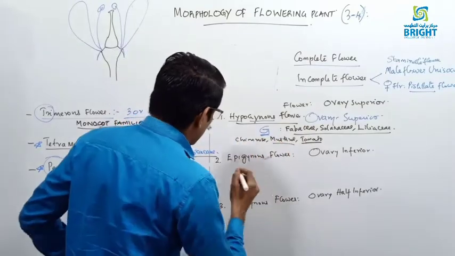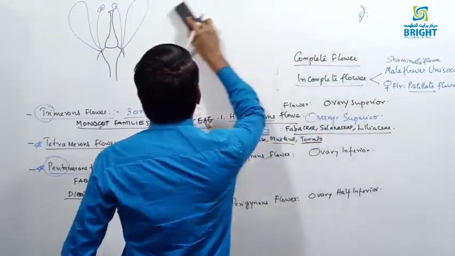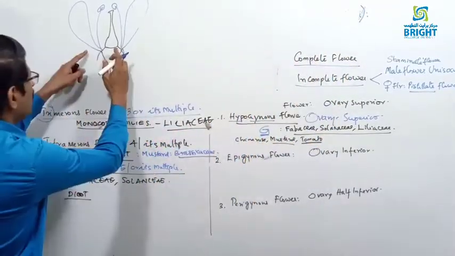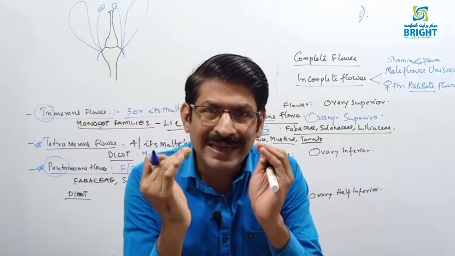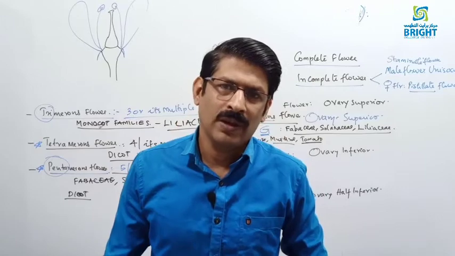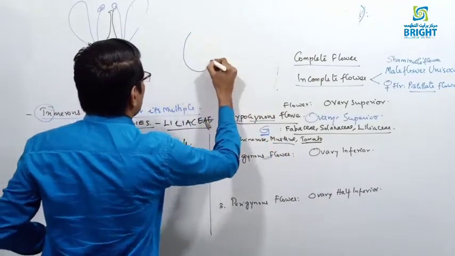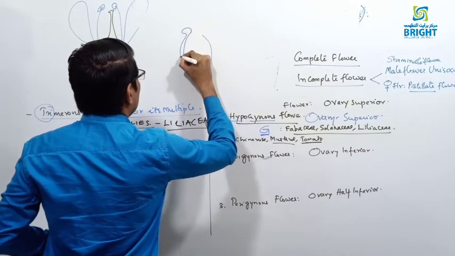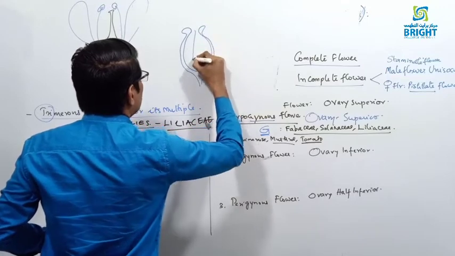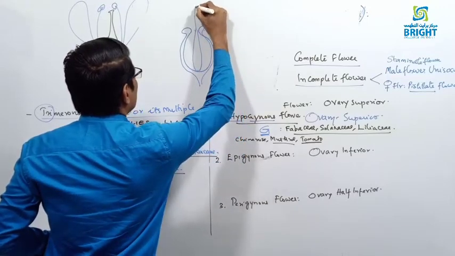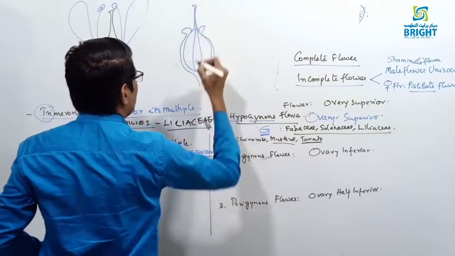The next one is its opposite, that is the epigynous flower. The margin of the thalamus grows upward, completely encloses the ovary and gets fused with it. So this is the ovary, and this is the style region, but it is fused with the thalamus.